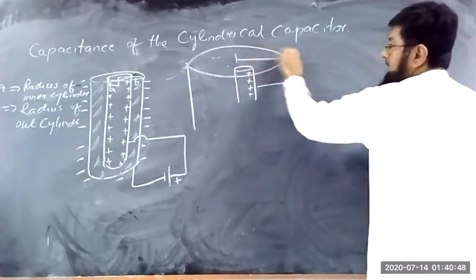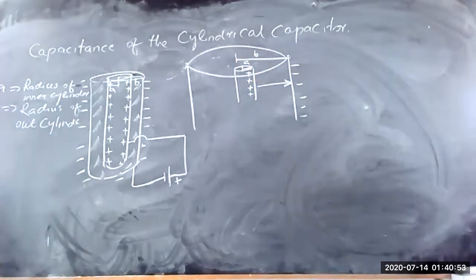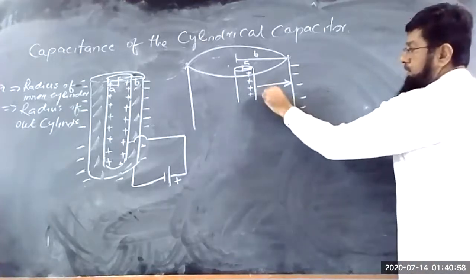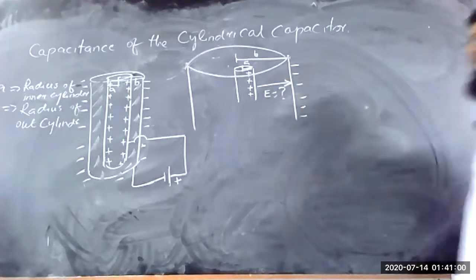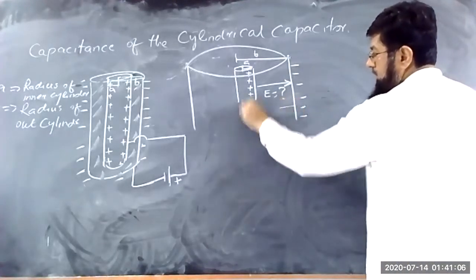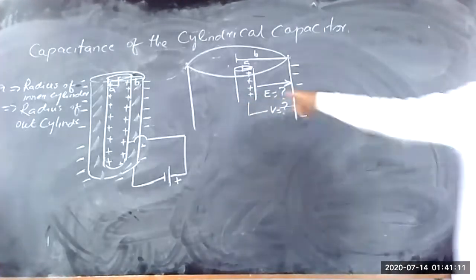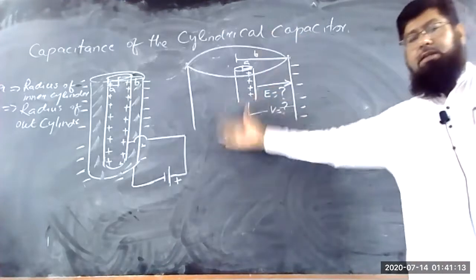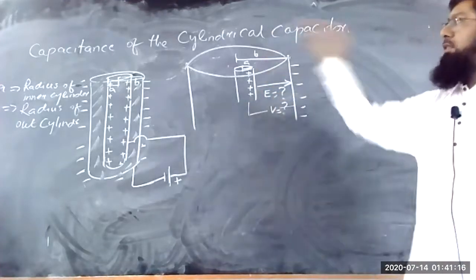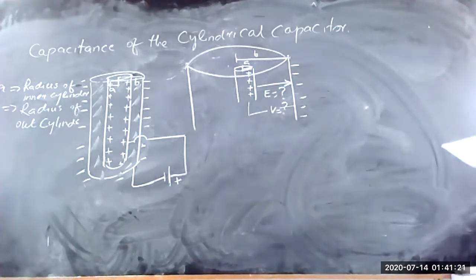The radius of this is B. The radius of this is A. So now we have to look at what is the electric field between the two cylinders. First, what is the potential between these two cylinders? This is the second. If we know the electric field and potential, then we easily find out the capacitance of this cylindrical capacitor. So now we have to work for this electric field and potential.